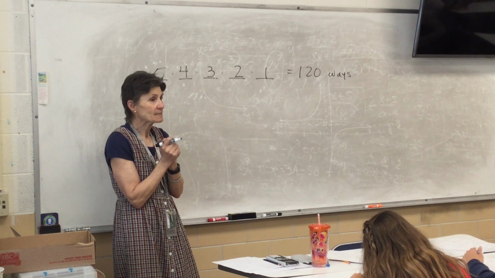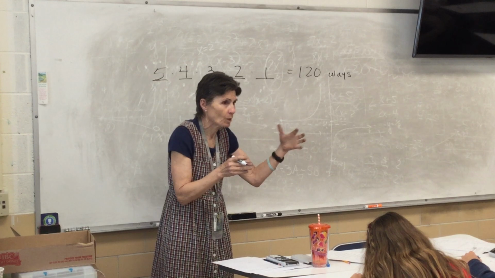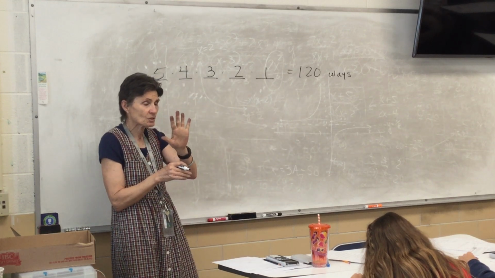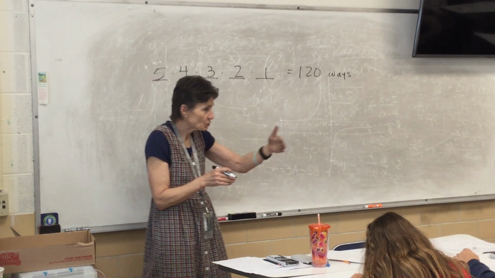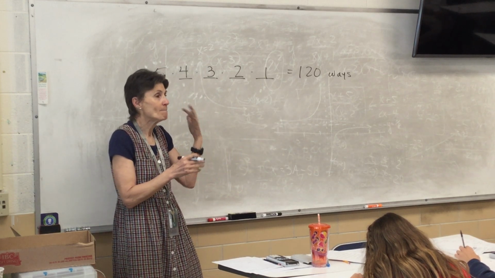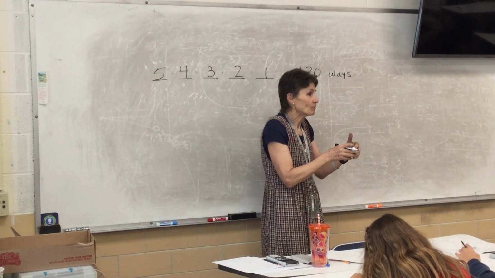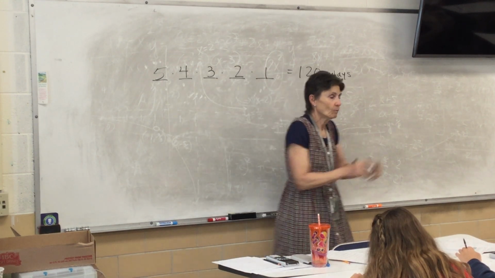Now, what if this had been arranging students in a row? If you had 5 students, how many ways could you arrange them in a row? Wouldn't it be the same thing? It doesn't matter whether it's books or people or, I don't know, fruit, whatever.